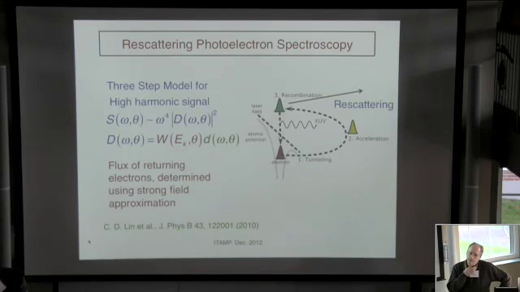And this description that you described with the three-step model is very helpful to visualize what happens in the experiment, but it's limited to the low-frequency regime. I assume that you use titanium sapphire or something like this.